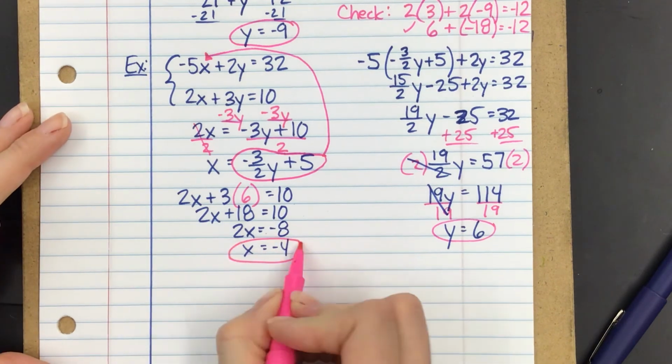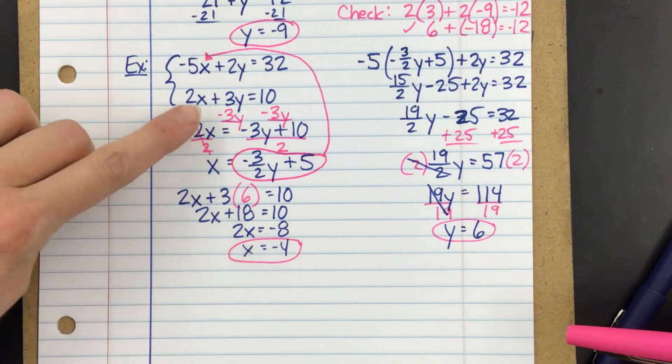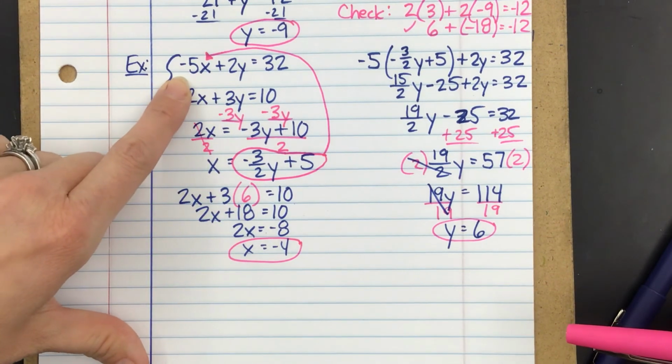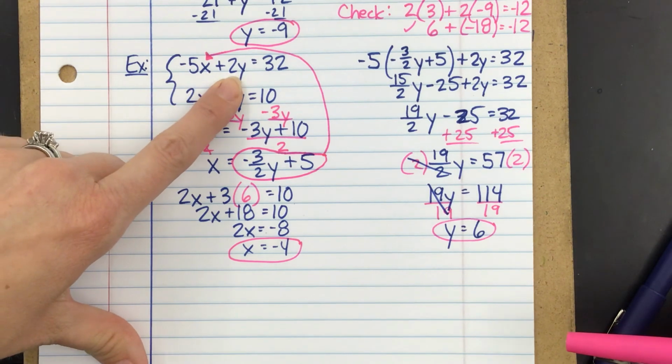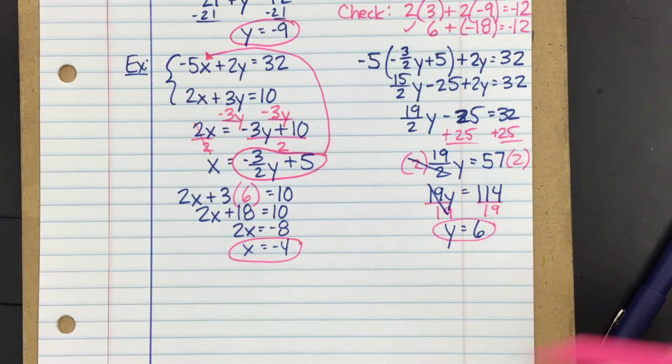Okay, so I have x is equal to -4. Now if I plugged that back into the first problem to check, -4 times -5 is 20, and 2 times 6 is 12, so 20 plus 12 is 32. I know I've done it correctly.